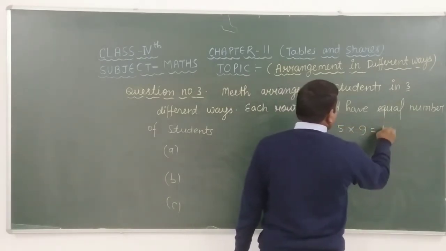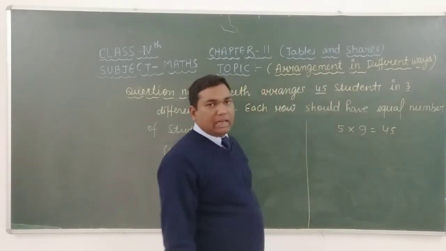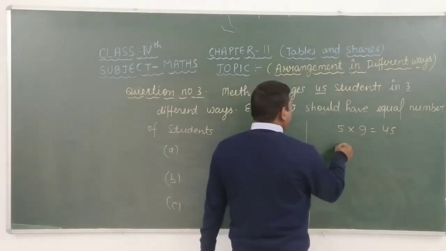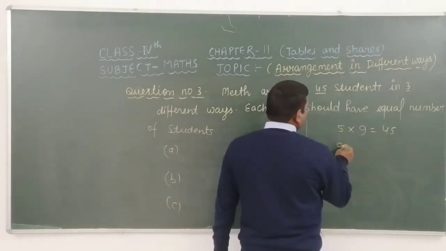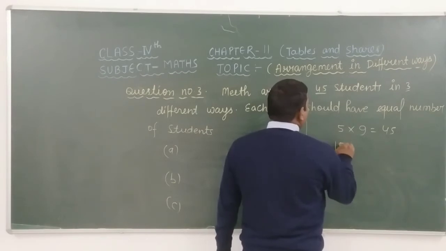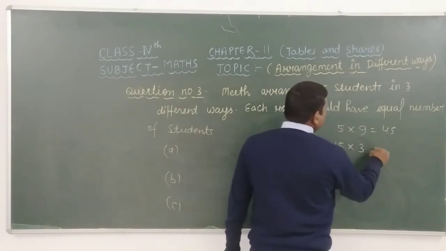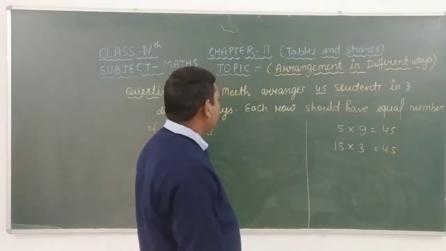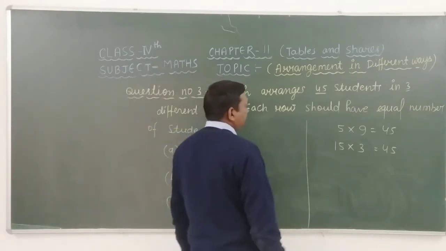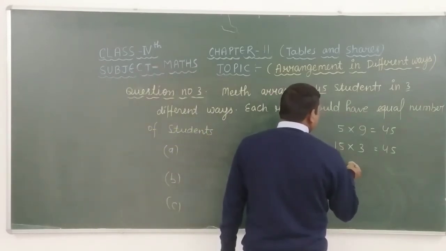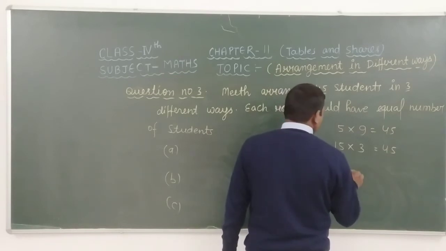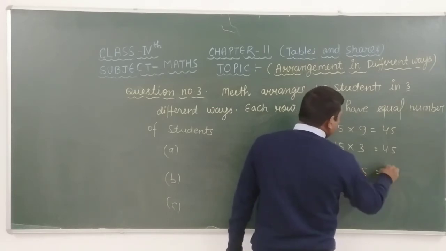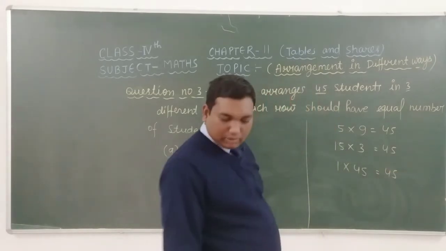5 times 9 is 45. It means that if we multiply 5 and 9, we get 45. Similarly, 15 times 3 is 45. If we take the multiplication of 1 and 45, we get 45.